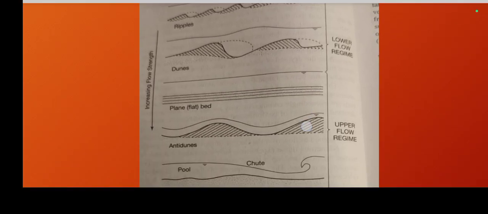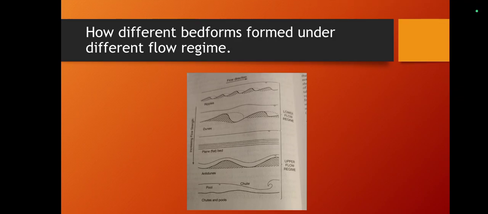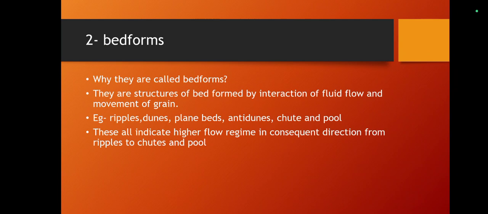That's all for this diagram. So these bed forms simply indicate the flow regime, that is, flow strength. Flow strength, as the words explain themselves, ranges from a very quiescent to a very energetic environment.